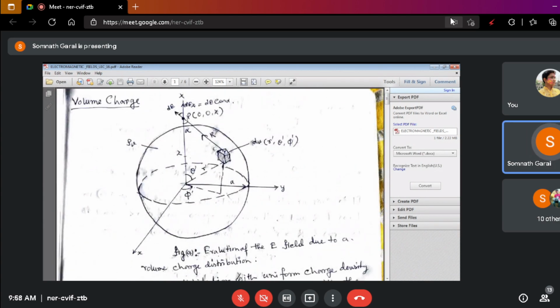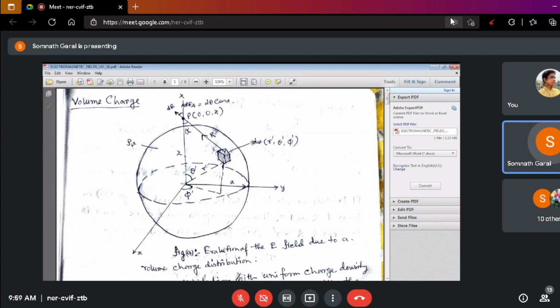Take this triangle P, O, V. The origin we take as O, P is our desired point, and V is the volume point, that is the differential volume point. In this triangle, the angle at P is alpha and the angle at O is theta dot.